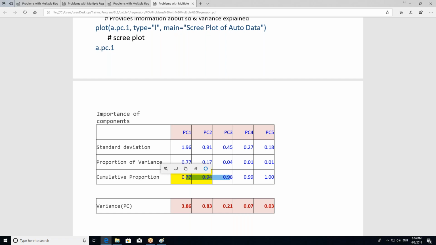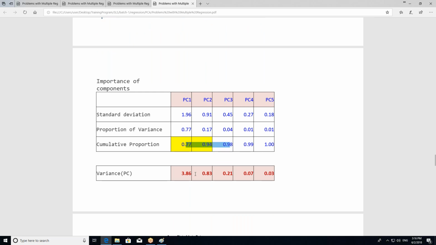Now you can see the variance. What is the variance? For PC1, PC2, PC3, PC4 all together, how much variance are they explaining? You add up their standard deviations. If you add up these standard deviations, how much is it coming to?